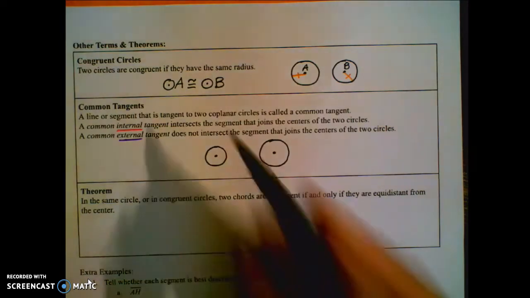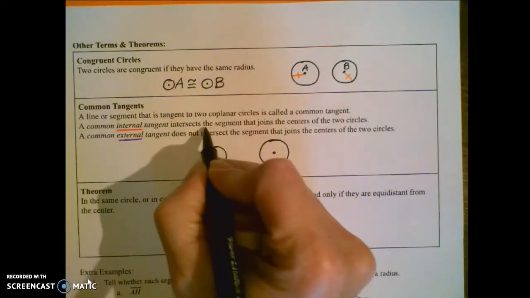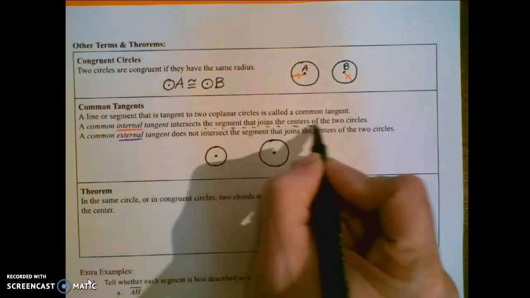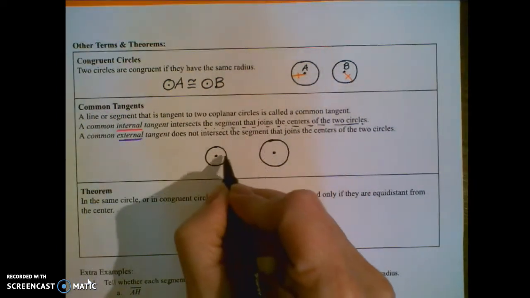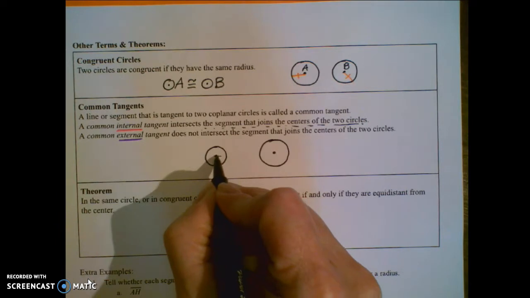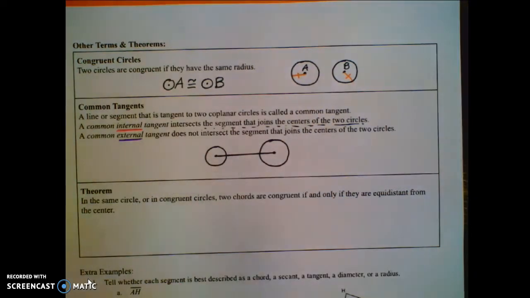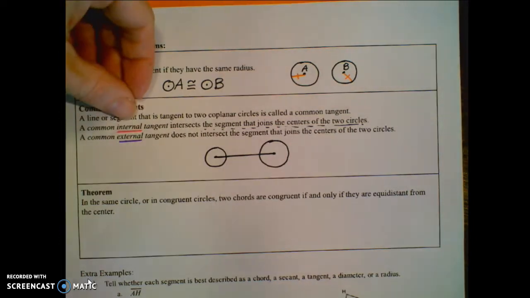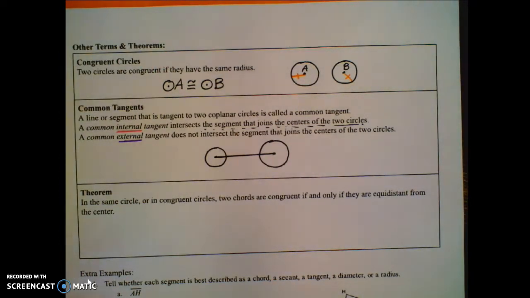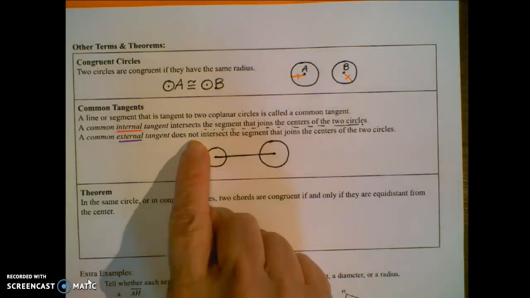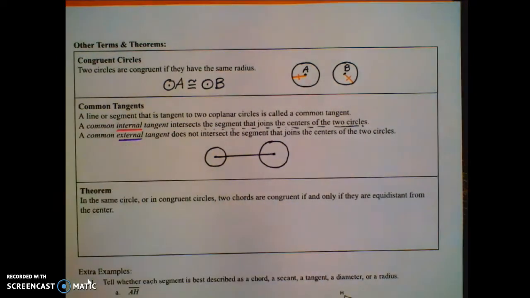Now notice that both of them refer to the segment that joins the centers of the circles. So let's start by drawing that segment in, a segment that connects the two centers. A tangent line that crosses or intersects that black segment will be called an internal tangent. A tangent that does not intersect it will be referred to as an external tangent.